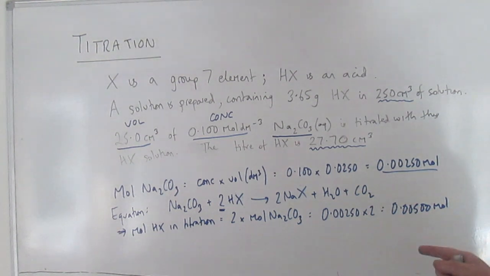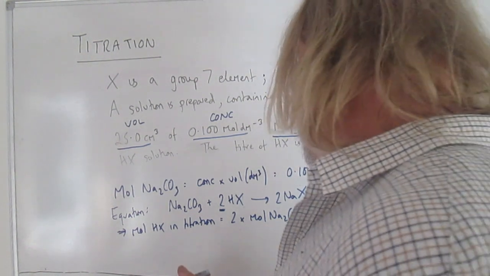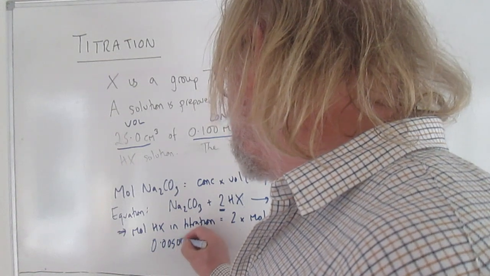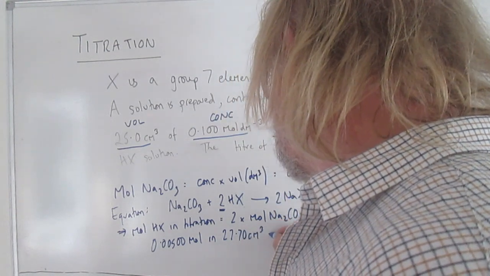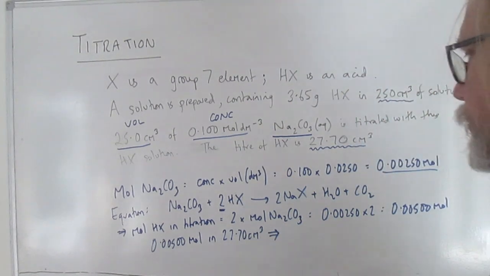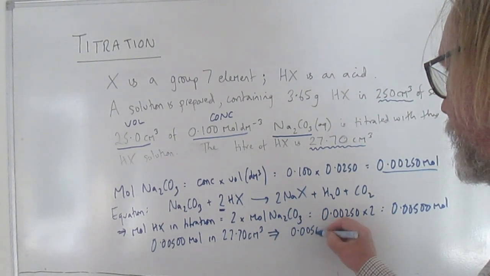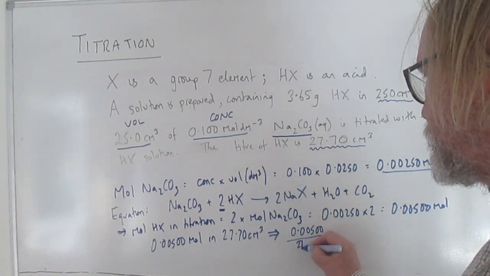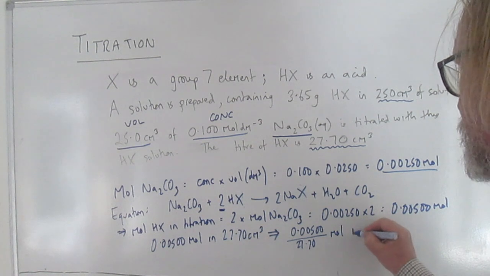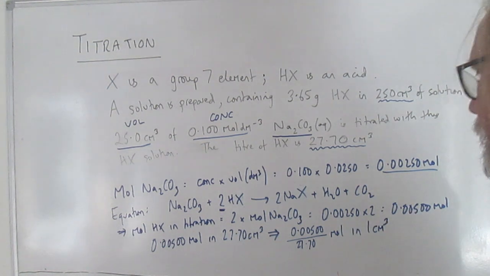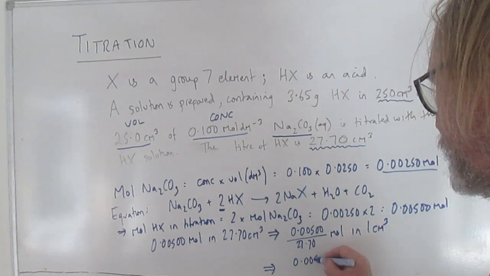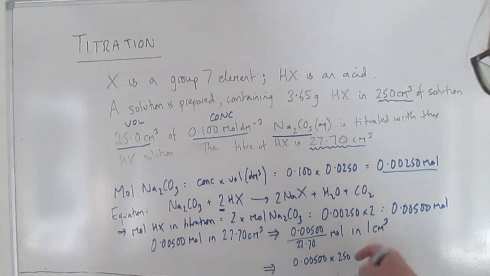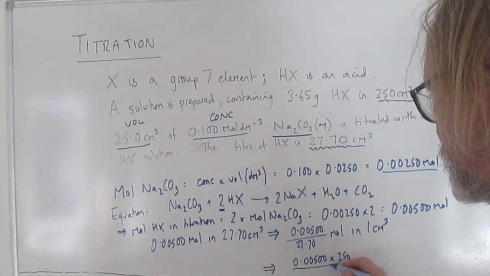So, it may be obvious to you how to scale up, in which case just go ahead and do it, but otherwise think of it like this: we've got 0.005 moles in 27.7 cm cubed, which means that we'll have 0.005 over 27.7 moles in 1 cm cubed, and we want to know how many there'll be in 250, so it's 0.005 times 250, because if there's that many in 1 cm cubed, there'll be 250 times as many in 250 cm cubed.